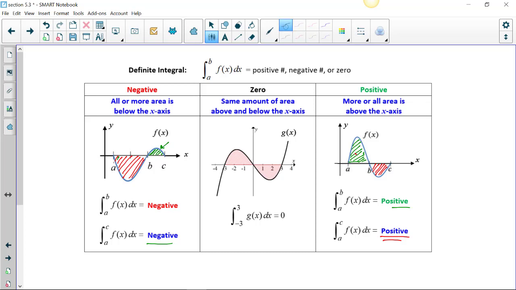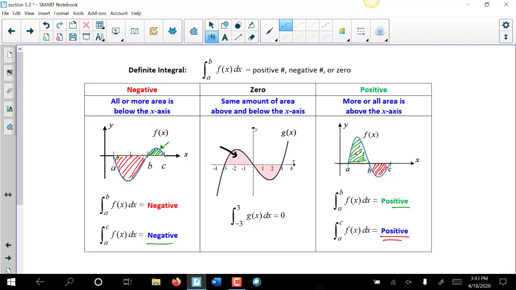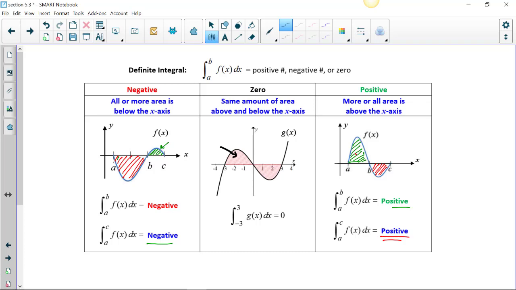Because let's say I knew this area. What would that be? We don't know without the function. I can't even approximate it. So I'm just going to make something up. Let's say that this area is 5. That means that this area would be -5. And when you add those up, you would get 0.